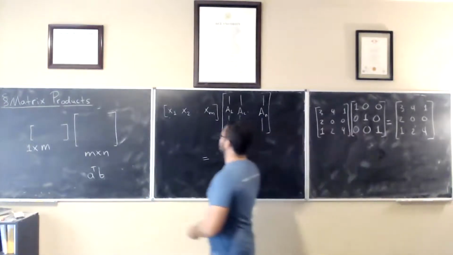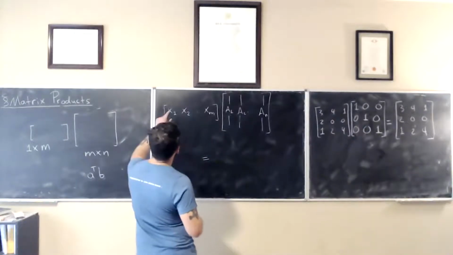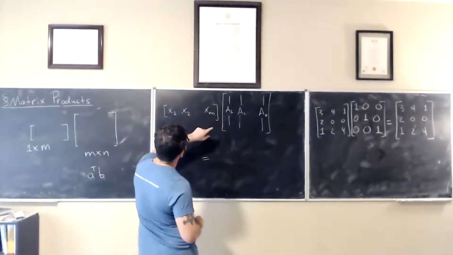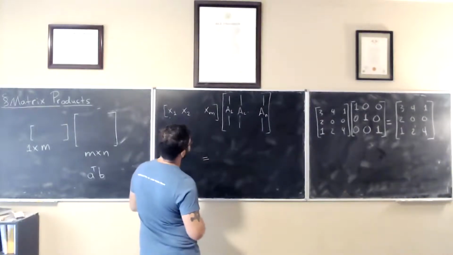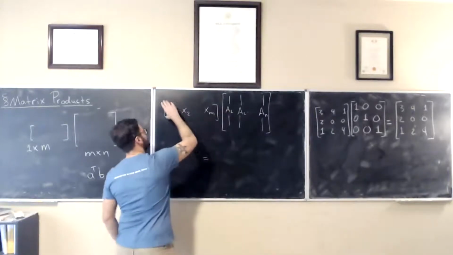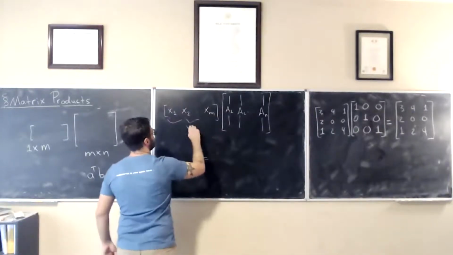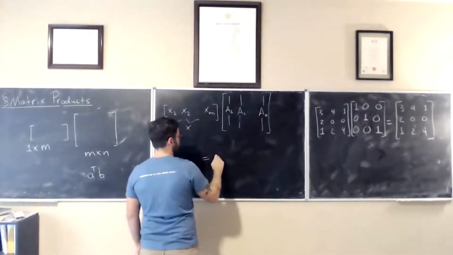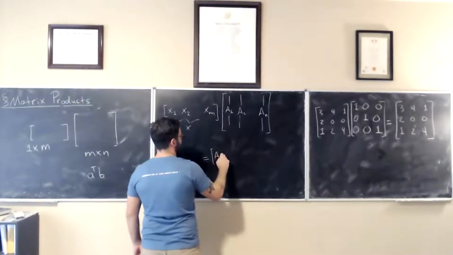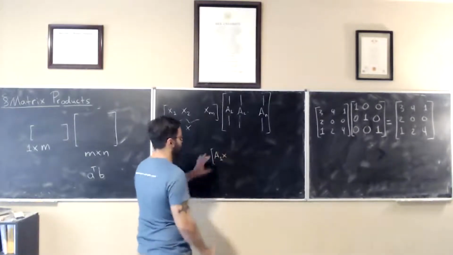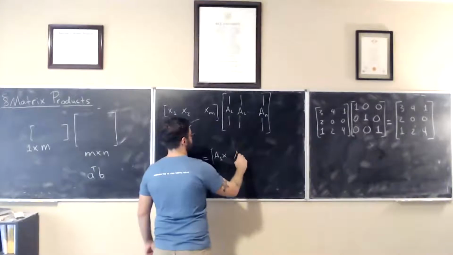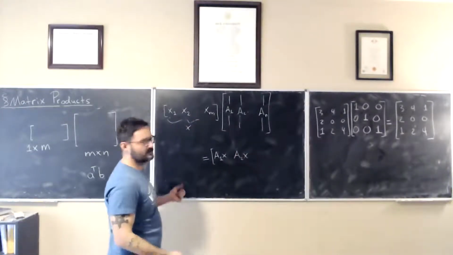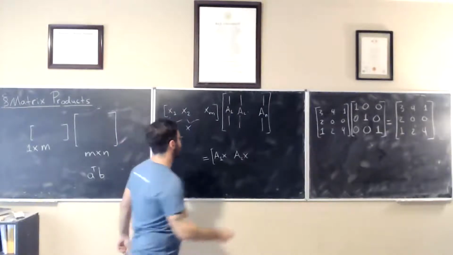So if we think of this as, what is this going to be? How do we define it? It's A1 times this whole thing. This whole thing could be like X, right? So if this has n columns, then A1 times X goes in the first entry, and then A2 times X. You're treating this like the matrix we had up here before. Dot, dot, dot.